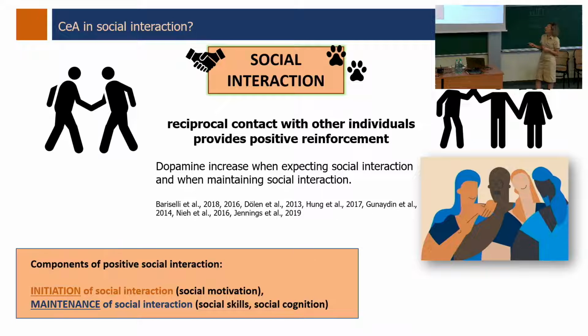There are two phases of this process that we suspected can have different neuronal bases, so we analyzed interactions of our animals looking separately at the initiation, that is approach to another individual, and maintaining of social interactions. So several behaviors that serve being in close contact with another individual.